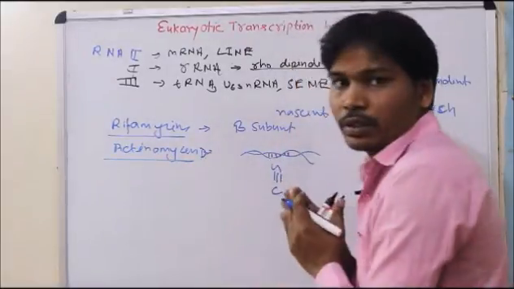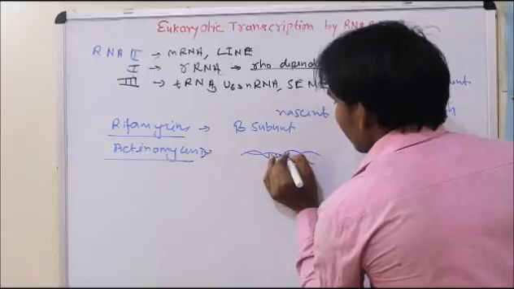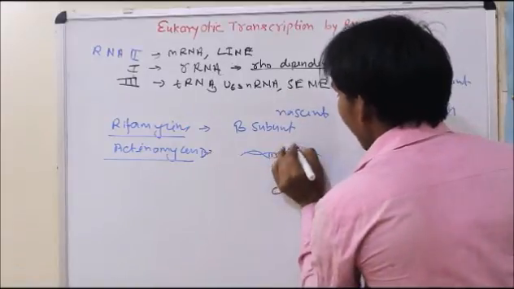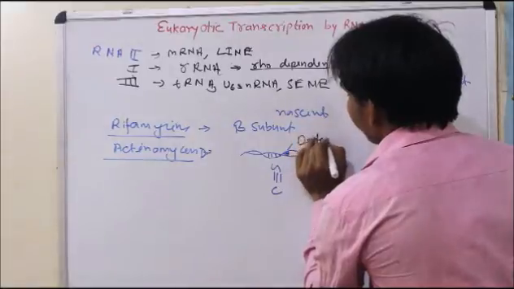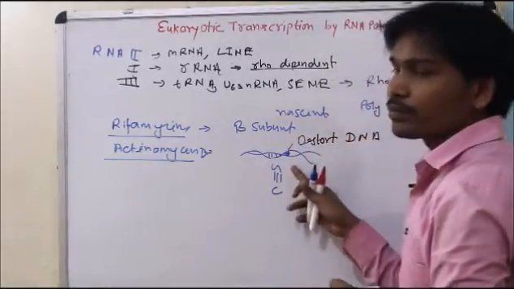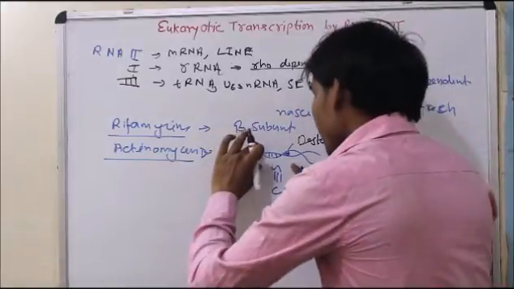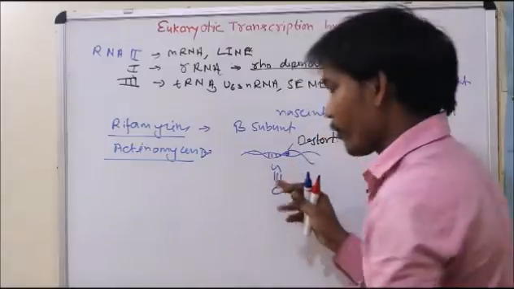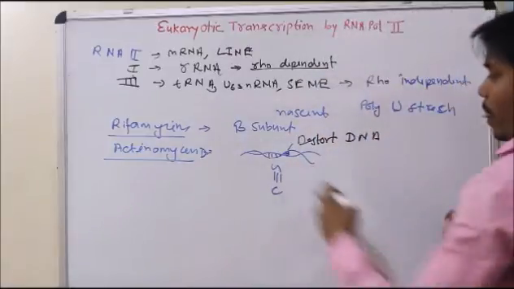for movement, because when actinomycin D binds, it distorts the DNA sequences, and then RNA polymerase II cannot move due to the distortion of the DNA sequences.